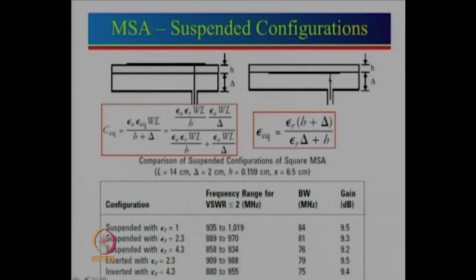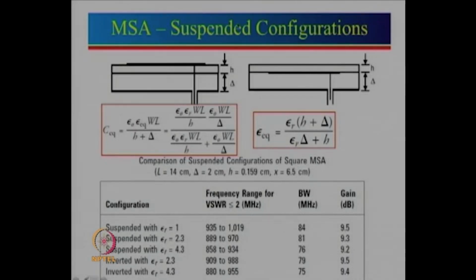So soldering becomes a big issue here, whereas over here you drill a hole, put the probe, it will come out here, and one can solder over here. So sometimes the manufacturing part is relatively easier, but if one can do soldering over here or find an alternate way, then this has a better performance, and also the substrate acts as a radome.